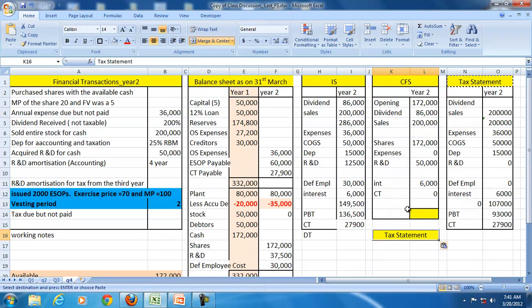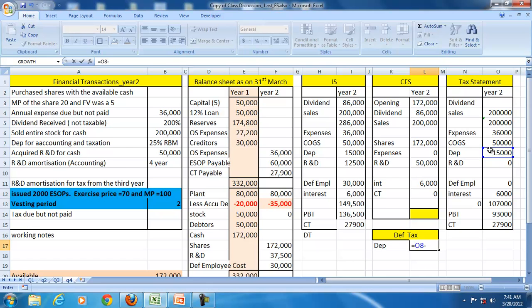So deferred tax, we'll put that here. Deferred tax arising because of depreciation: no change in depreciation, so no deferred tax on depreciation. But there is a deferred tax coming up in case of amortization, so therefore 0.30 into amortization of R&D in accounting minus amortization of R&D for taxation.